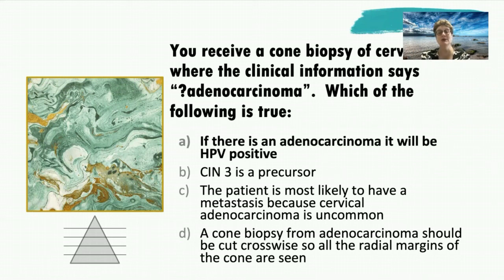You might also see CIN3 in the biopsy, but this will be because of a squamous cell that's been affected by the HPV. It's unlikely to be a metastasis from somewhere else. And of course, we want to cut a cone biopsy the proper way and not like the diagram on the left.